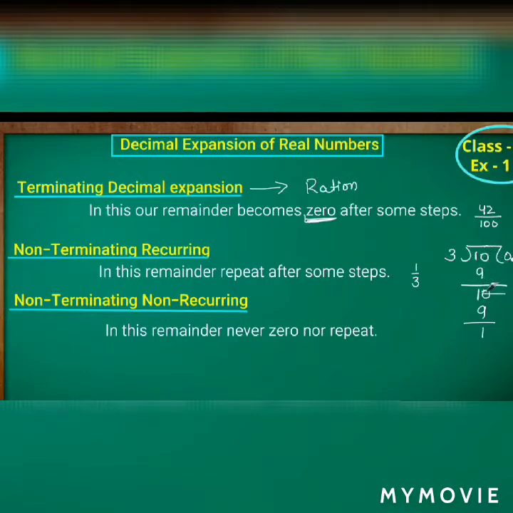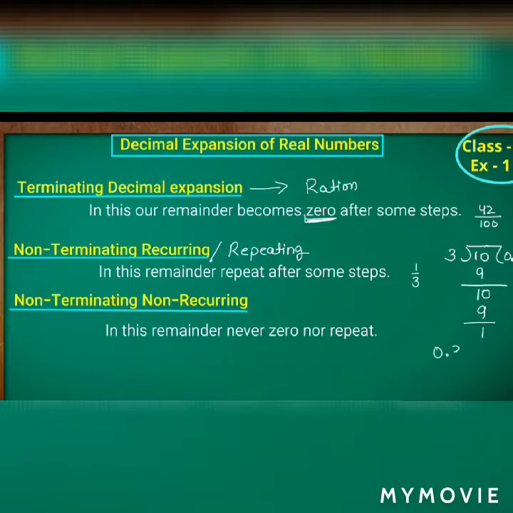Here, see, I have already solved for the 10. Again we got the remainder 1, so I have to take 0, and it is going to be repeating. So the quotient will be 0.333. How can we write that? After the decimal point the value is going to keep repeating in non-terminating recurring.